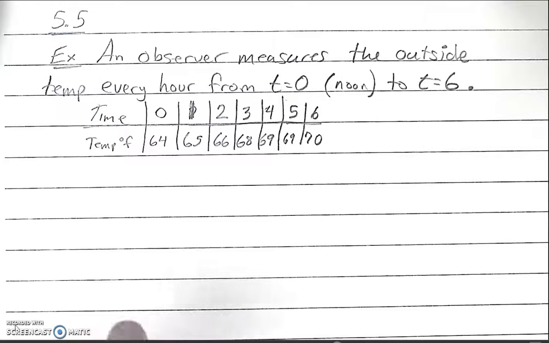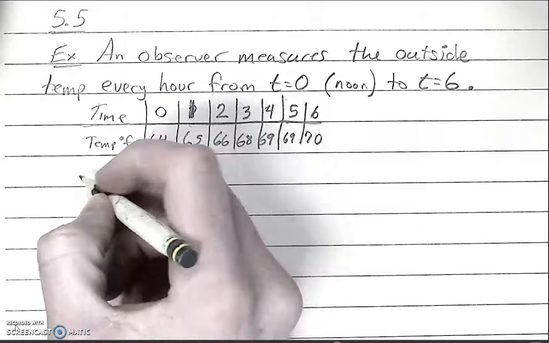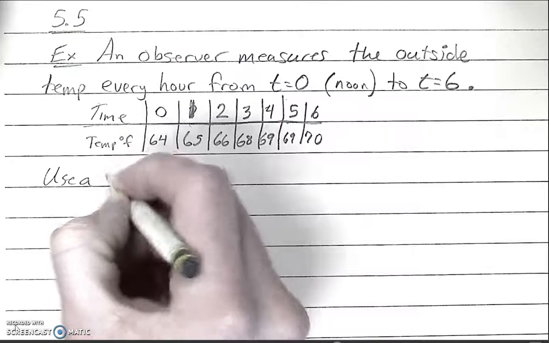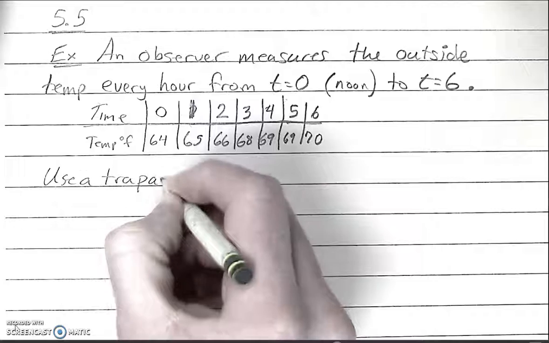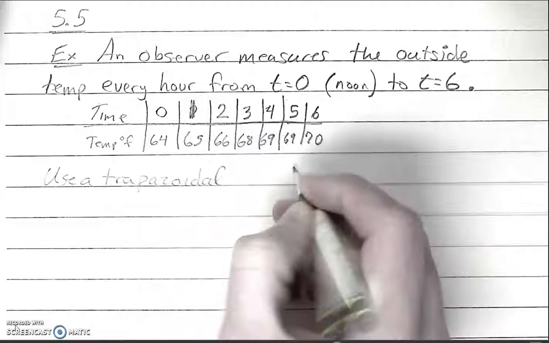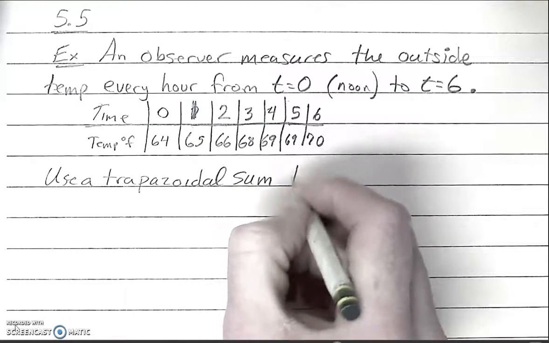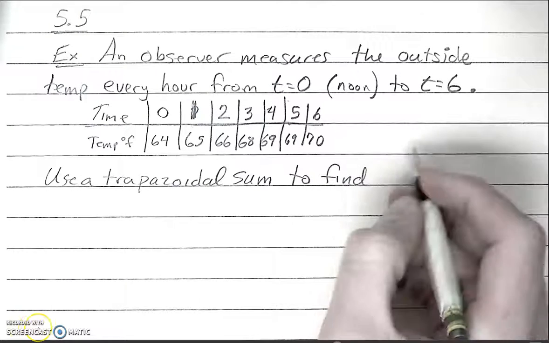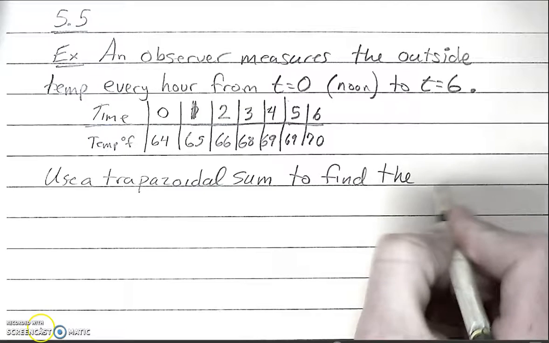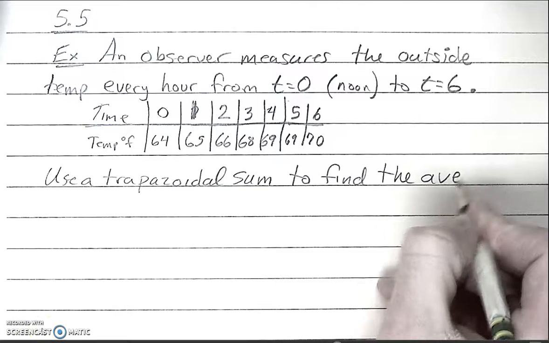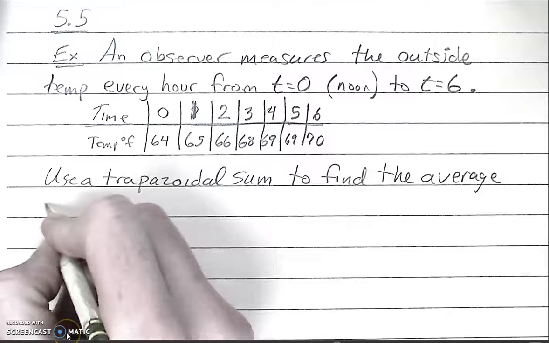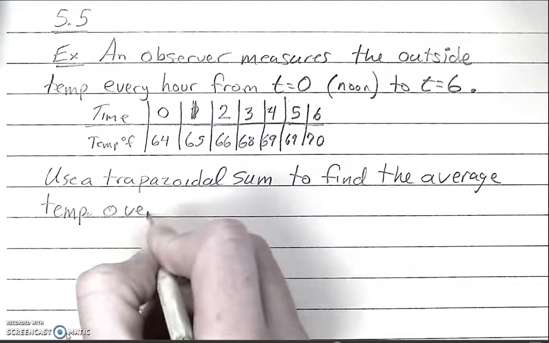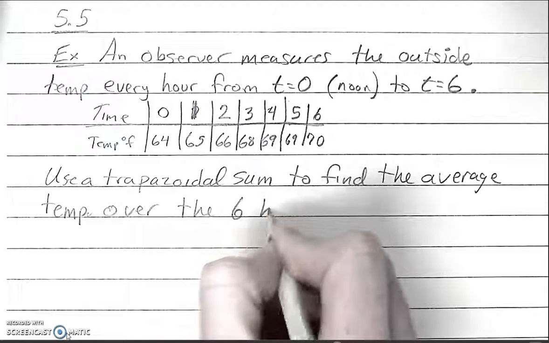So, the question we're being asked is to use a trapezoidal sum to find, or we could say approximate, the average temperature over the 6-hour period.